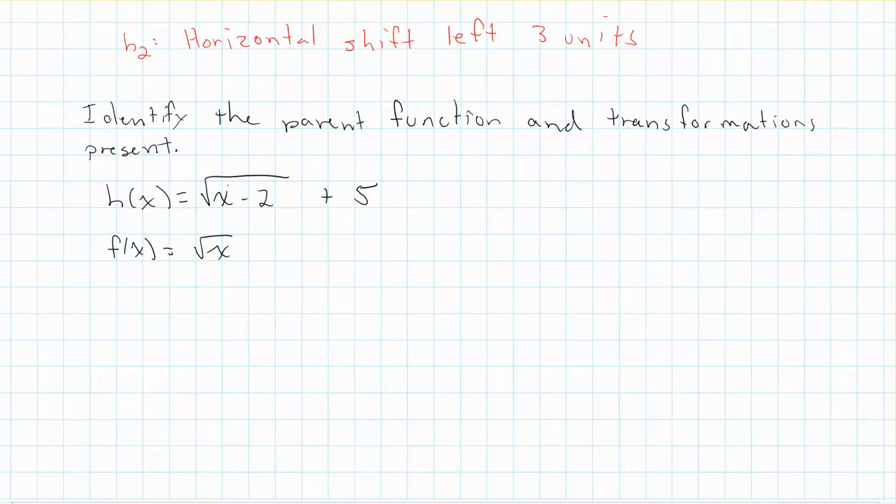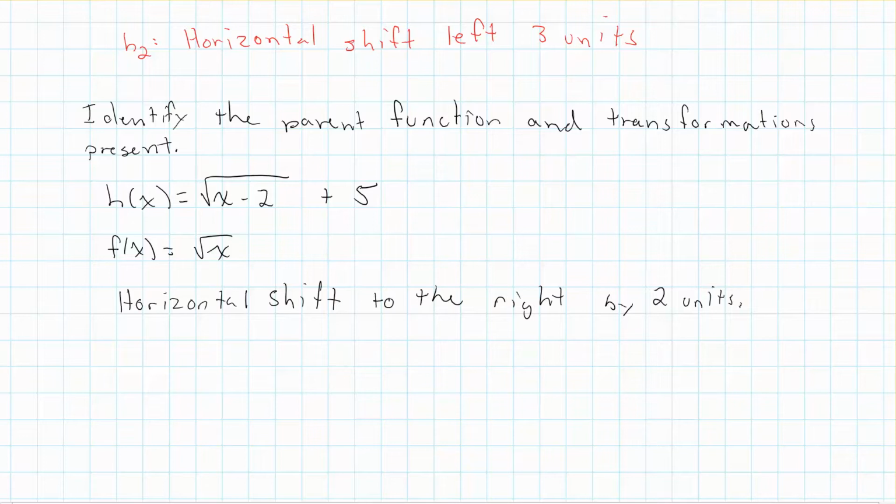Well, x minus 2, of course, the minus 2 is done before I would do the parent function, because the parent function is square root. So that means I've got a horizontal shift, and because it's minus 2, this is a horizontal shift to the right by 2 units.